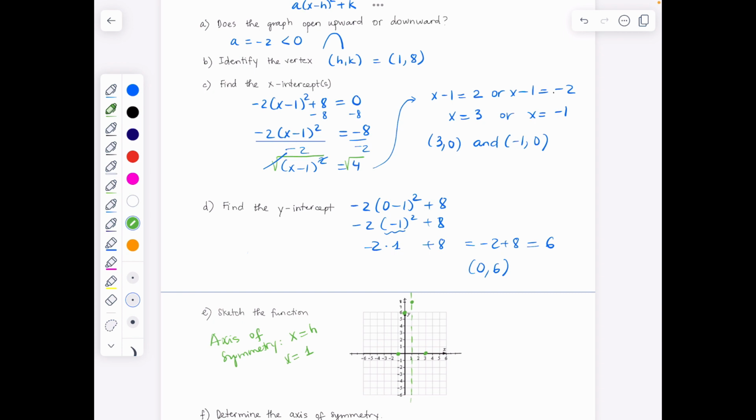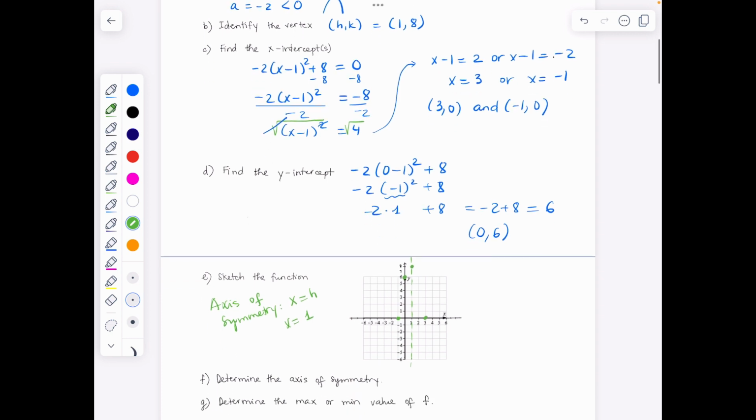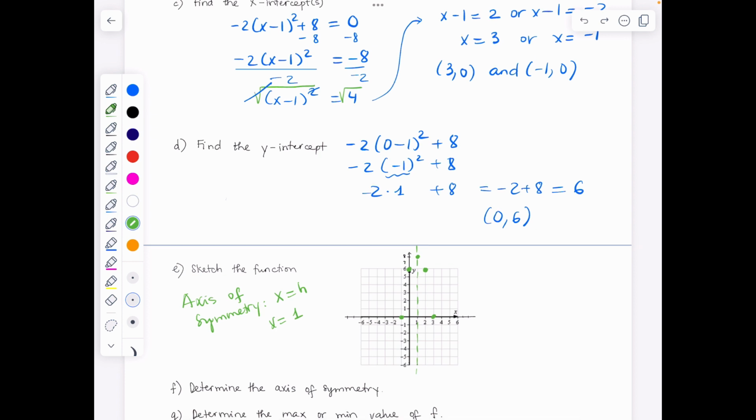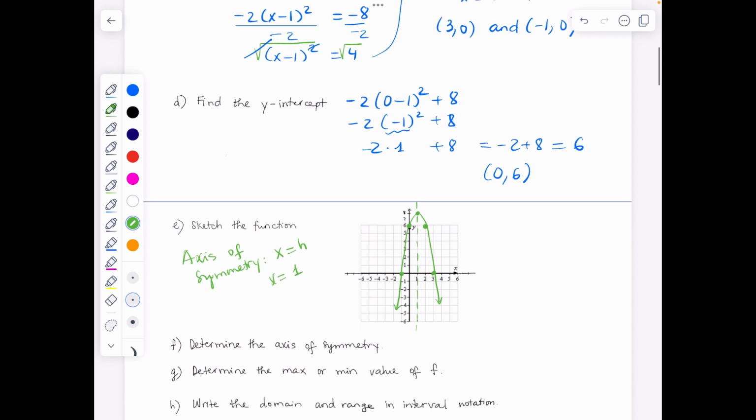This vertical line here will determine the center of the parabola. And with that being the center, we are going to put another point here, which is symmetric to the point (0, 6) on the other side, and connect these dots, and that will give us the graph of the function, which is a downward parabola, just as we predicted.